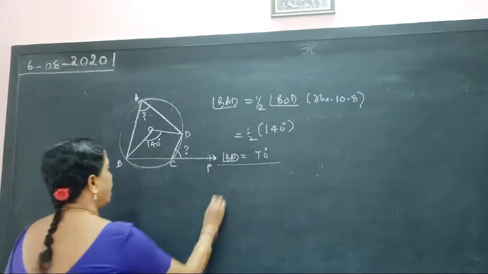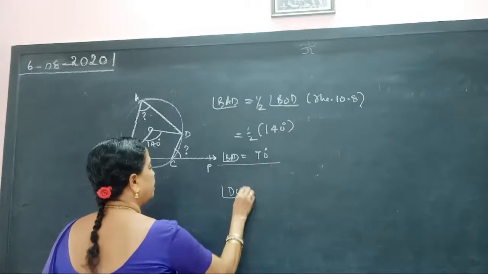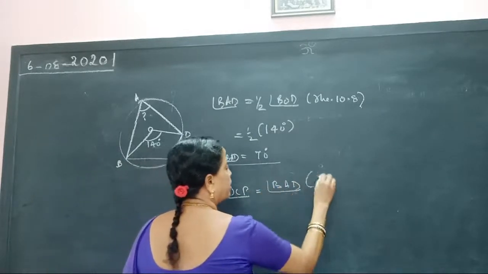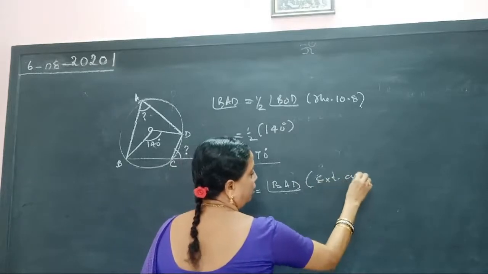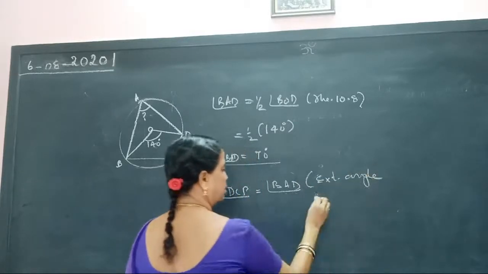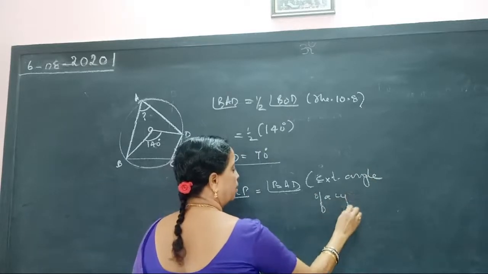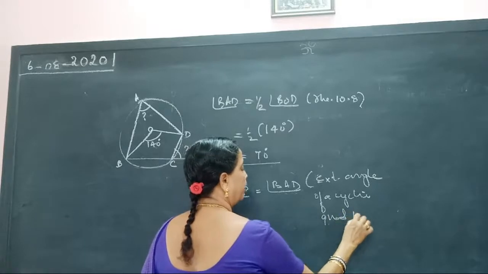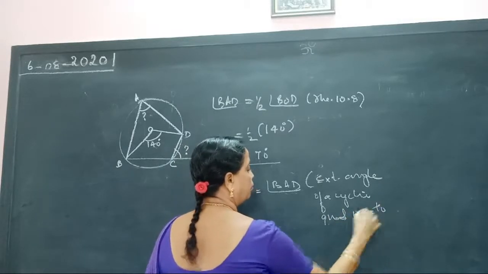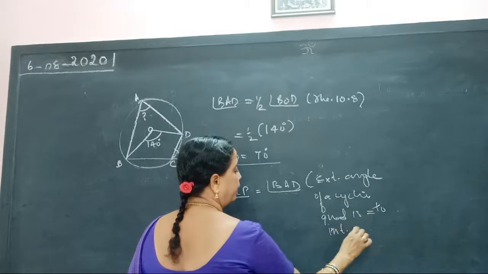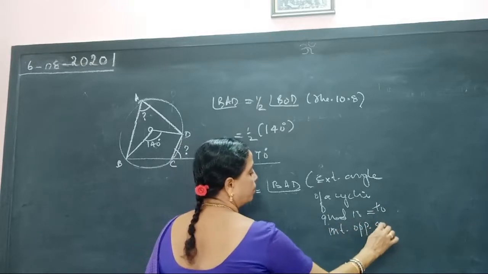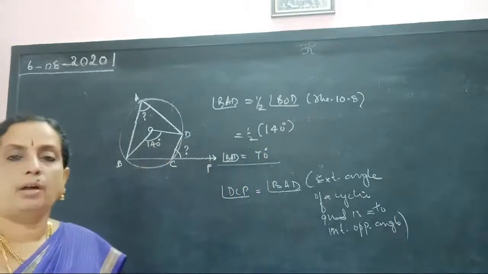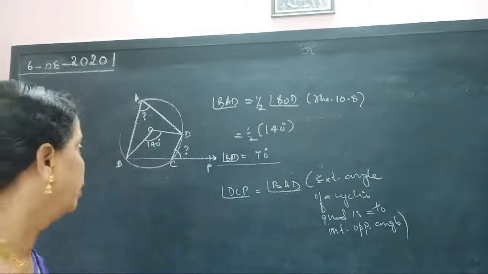Next, angle DCP equals angle BAD. Exterior angle of a cyclic quadrilateral is equal to the interior opposite angle. Try to write the property or the reason properly.